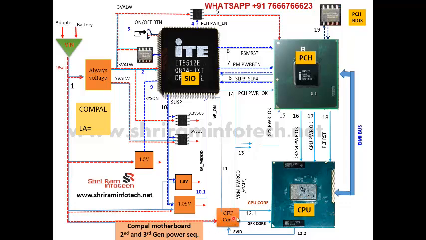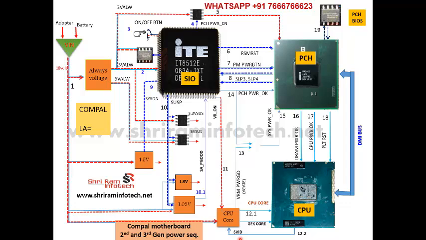The CPU generates two levels of core voltage: one is the CPU core and another is the graphics core. CPU core is for the CPU core sections and graphics core is for the graphics core sections.